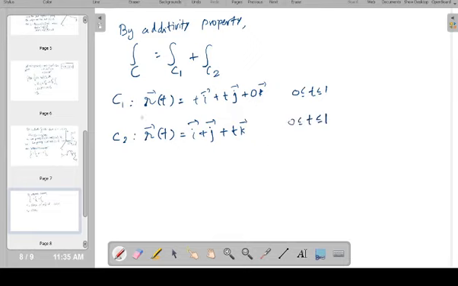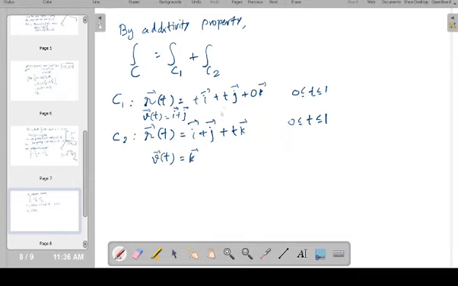Okay. Now for C1, what is the V of t? V of t is i plus j, and for C2, what is V of t? It is simply k. Okay.